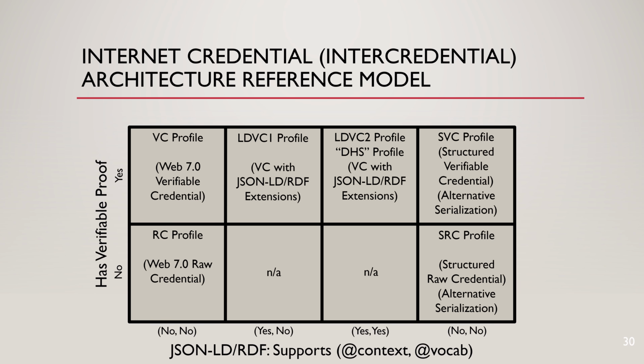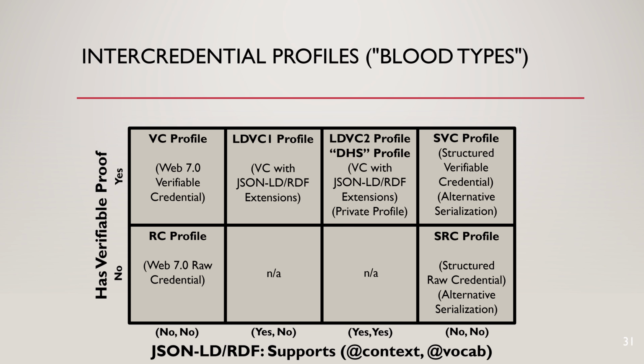So this is what the InterCredential architecture reference model looks like. Again, we're going to look at this version, which is InterCredential profiles, or Internet Credential profiles, aka Internet Credential blood types.